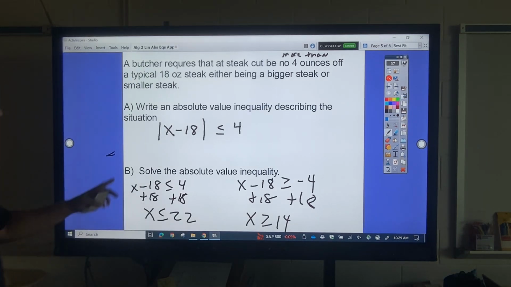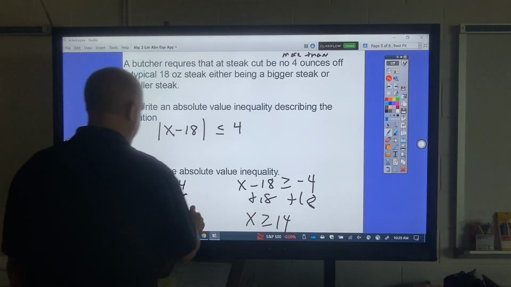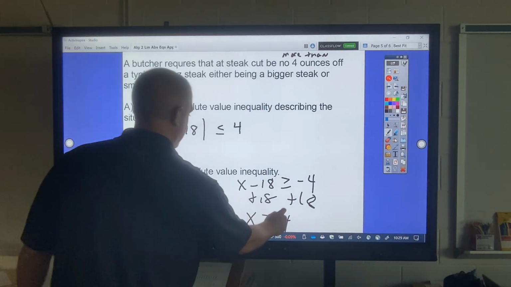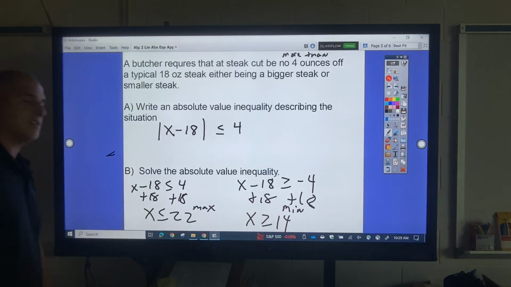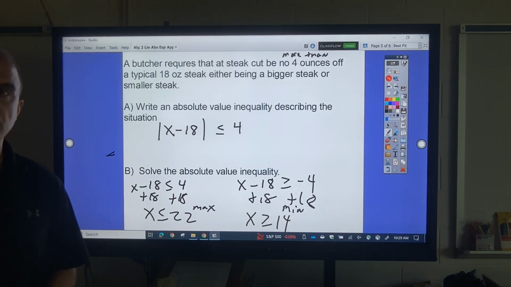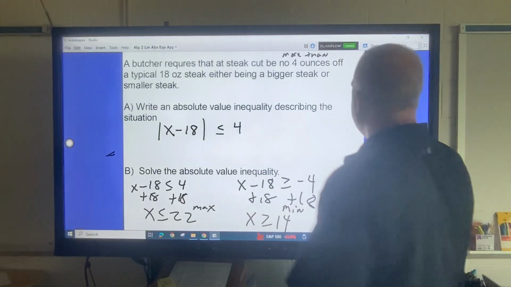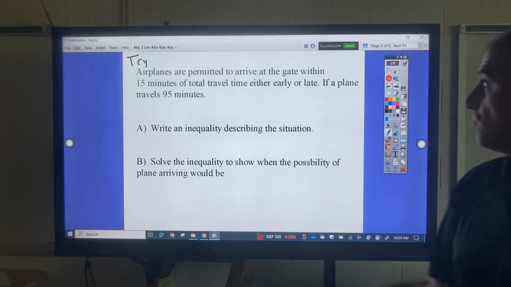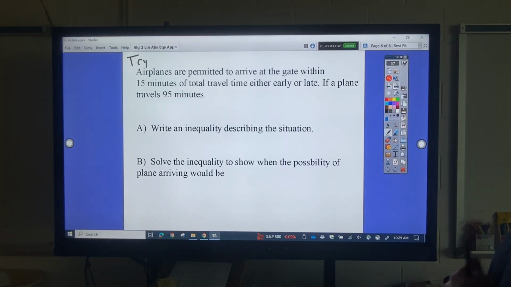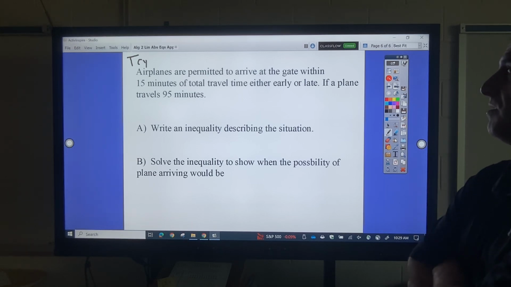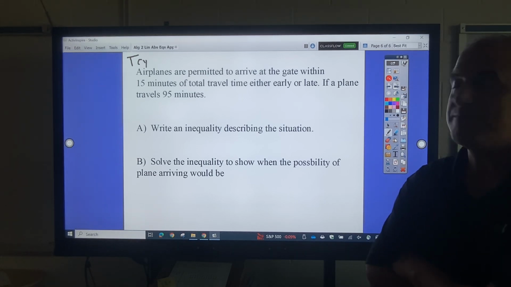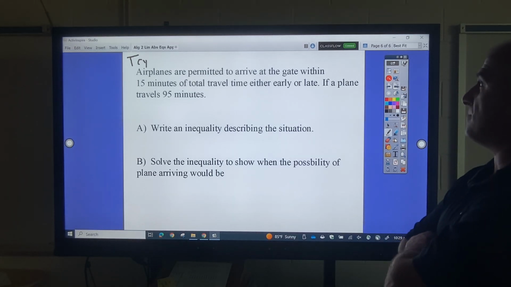So what does that mean? The maximum the steak can be is 22 and the minimum is 14. That's how you do the range concept. You can go ahead and try this one about planes traveling to their gate, being 15 minutes of travel time off, either early or late.